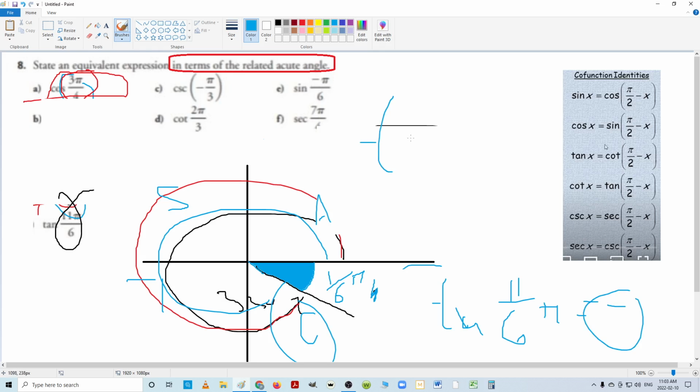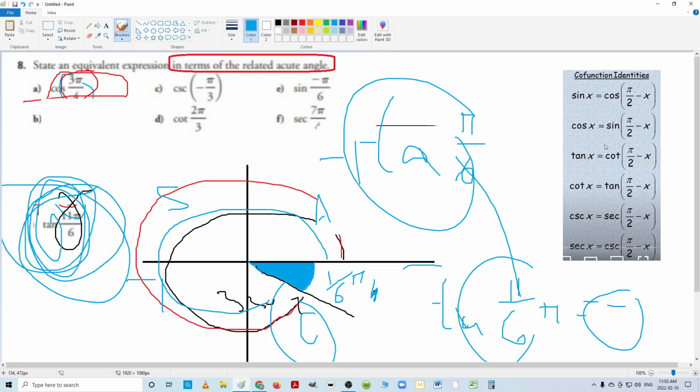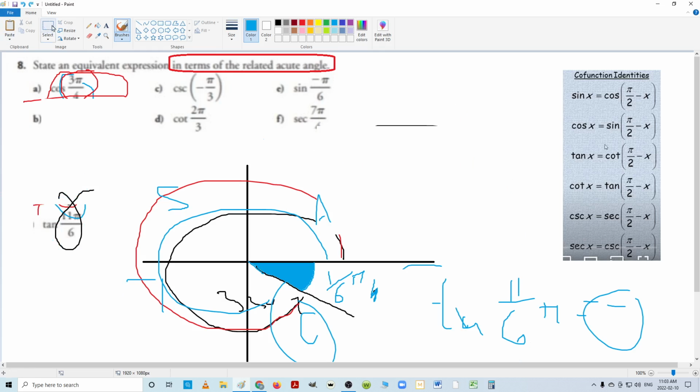But tan of the acute angles are always positive. So tan of pi over 6 is always positive. That means to make this equal to that in terms of its result, I have to multiply this by -1, because this is fixed. I can't change this one. I have to change this one. So my bad. That was a big gaffe to have on video, but whatever.